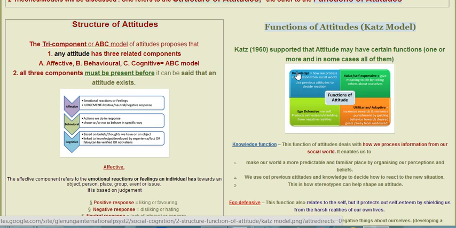So in some people we have knowledge, in other people we have value expressed through this attitude, or in other words, they express themselves. Other times, in cases mainly of what we called earlier cognitive dissonance, they try to justify themselves. It's called ego-defensive. And sometimes it could be utilitarian or adaptive, when people try to somehow learn from experiences and progress further.